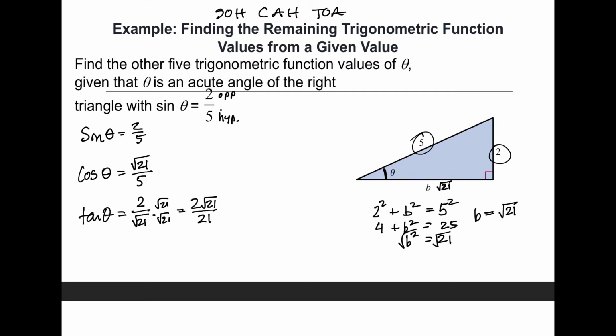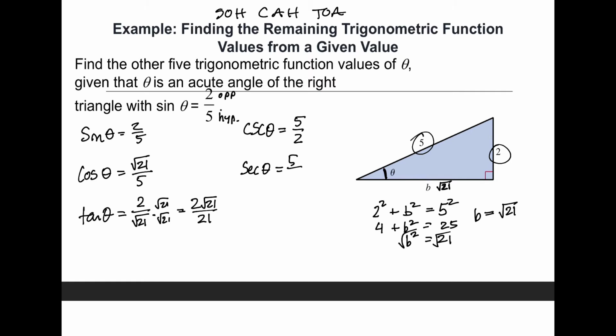Then sine, the reciprocal of sine, is the cosecant of theta, and so this would be 5 over 2. Secant goes with cosine and is its reciprocal.